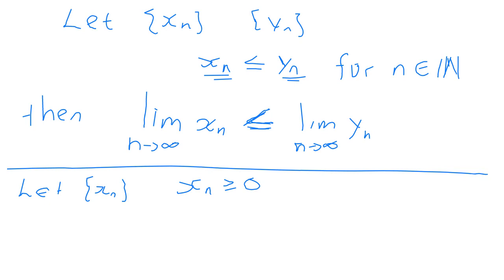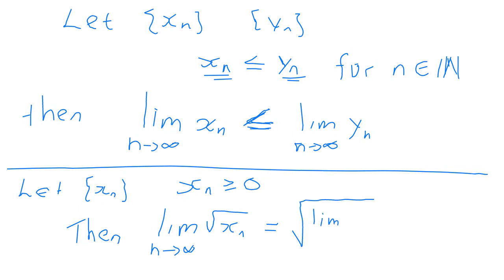So let sequence xn be a convergent sequence such that x sub n is greater than or equal to 0. Then the limit as n tends to infinity of the square root of x sub n is equal to the square root of the entire limit.